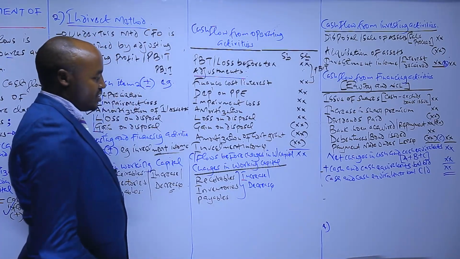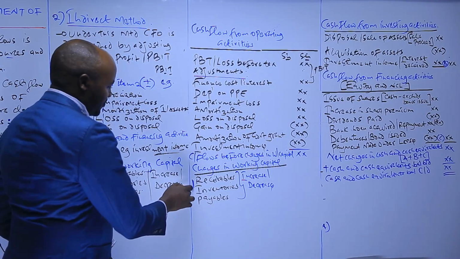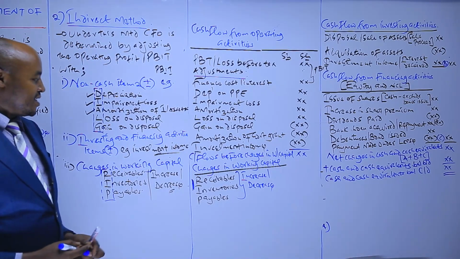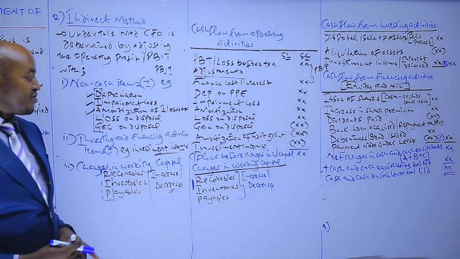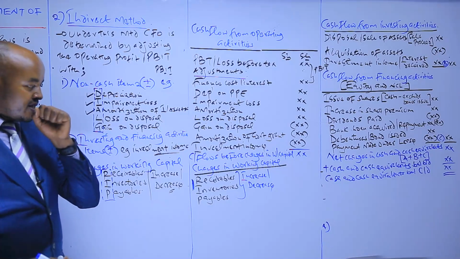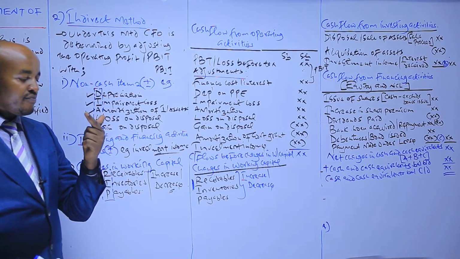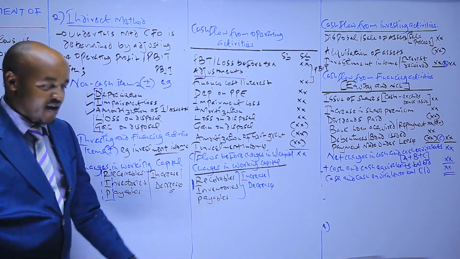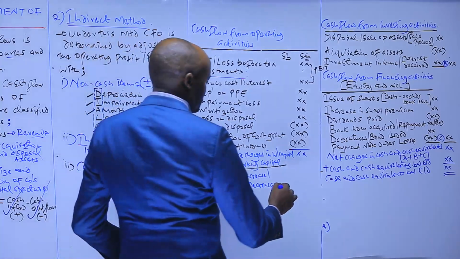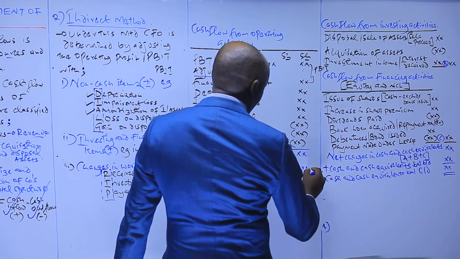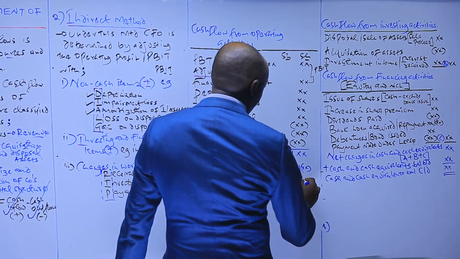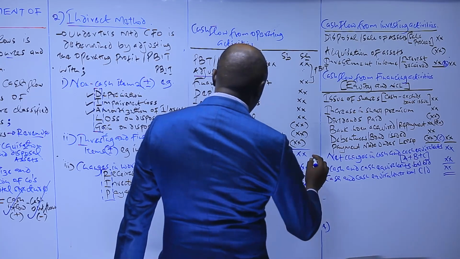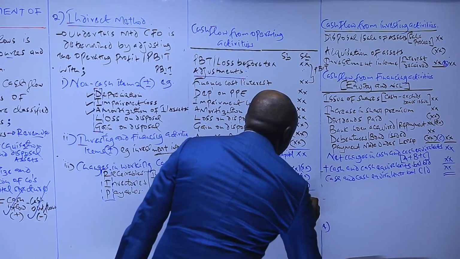Any increase in an item of current asset, like an increase in inventory, is a cash outflow, and basically a decrease of the same is a cash inflow. The reverse is true when it comes to liability. So you determine whether there was an increase or decrease, and then whether that is a cash inflow or cash outflow, and then adjust that to your figure up there.